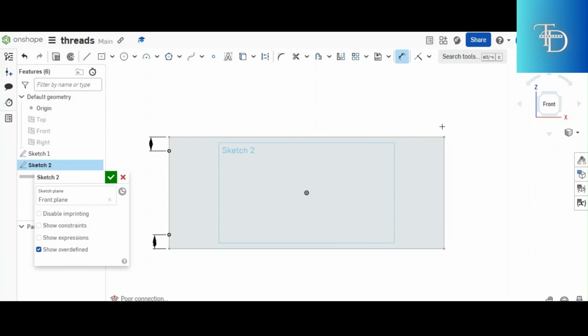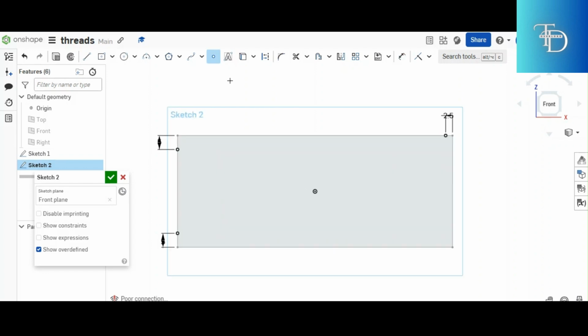So for a right hand, what do you do after marking these two pitches right there? If your threads are going horizontally like this, you go to your top right corner and mark half pitch from the corner along that line. Our given pitch is 5 units, so the half pitch is 2.5.